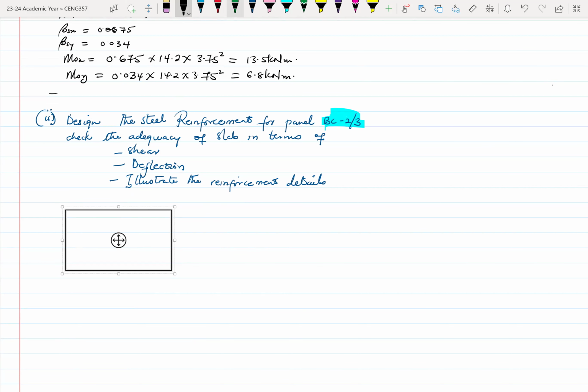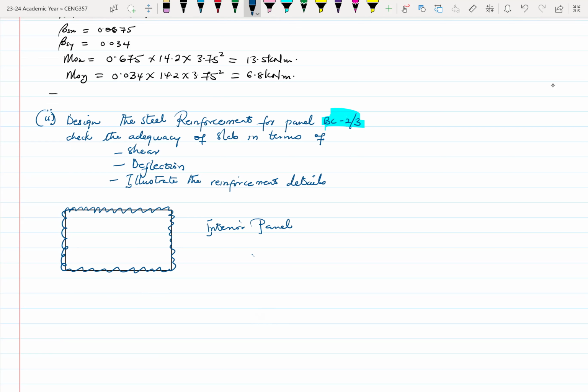Okay, great. So it is continuous on all sides. So no red in here, everything is blue. Because it's continuous on all sides, this becomes what we call an interior panel.